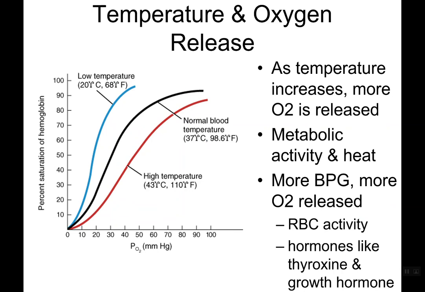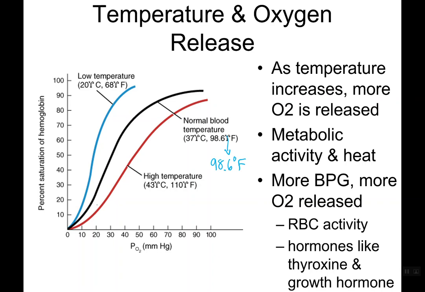Temperature also affects this, and I don't know why this Unicode error has turned this little degrees symbol into a weird curly Y, but it should say 98.6 degrees. So low temperature decreases the catch and release time, so it causes hemoglobin to be less likely to give up its oxygen.